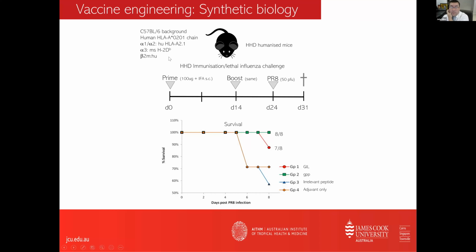We primed them, boosted them, and infected them with either a lethal or semi-lethal dose of PR8, and had a look at survival. And 8 of 8 mice vaccinated with synthetic peptide survived. 7 of 8 with wild type peptide survived, and 70% and below with the irrelevant peptide or adjuvant only.